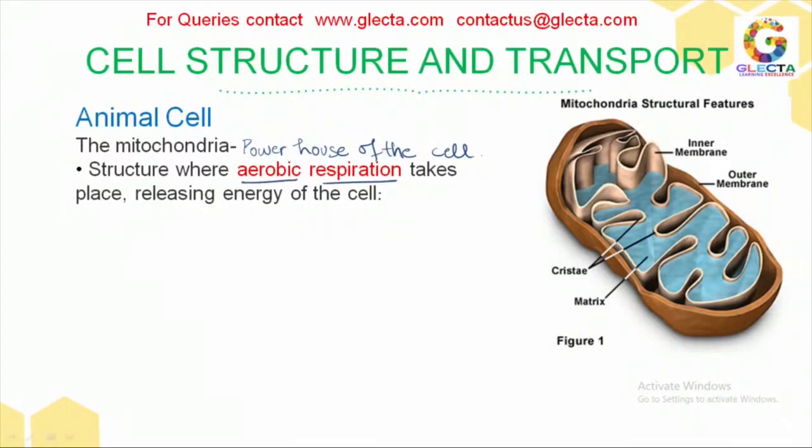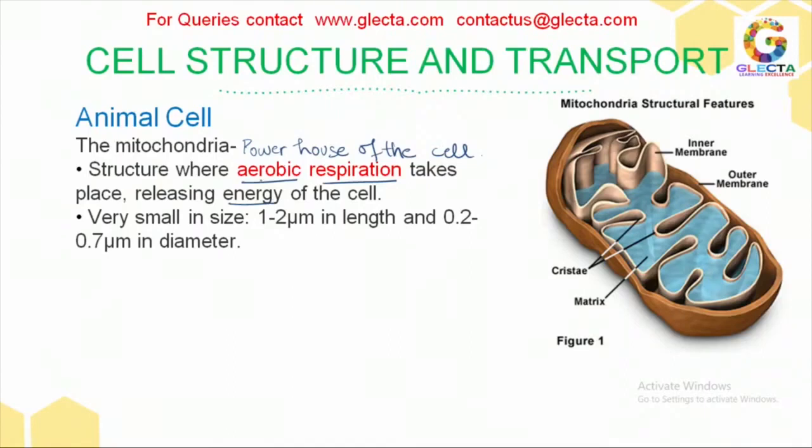In that respiratory process, there is a release of energy that can later be used by surrounding muscles and your cell itself. So this respiration is very important so that my cell can produce energy and do the functions that are required for the survival of the individual.